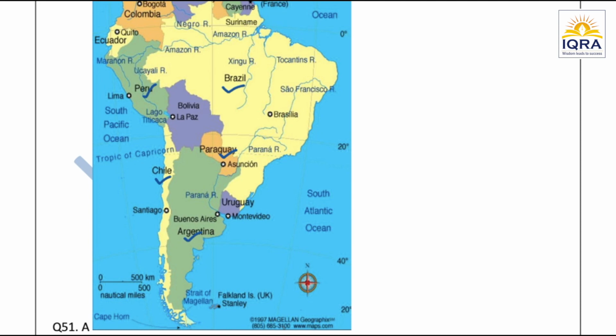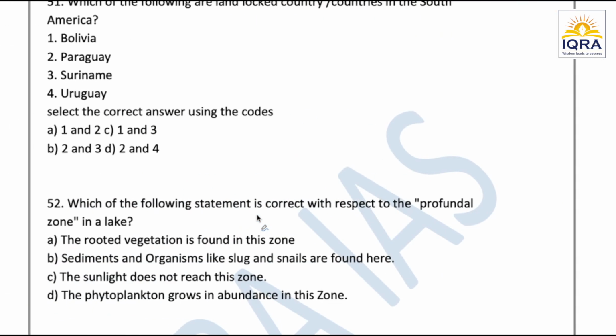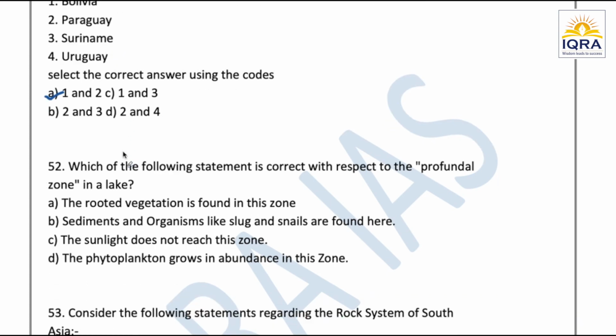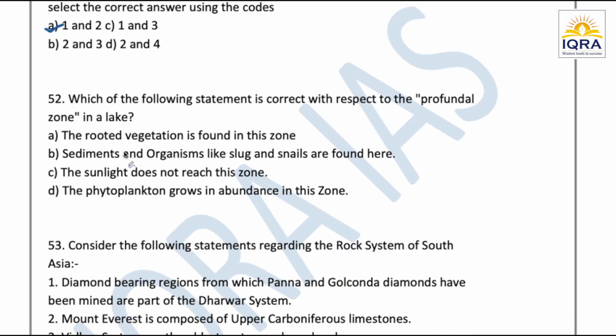The next option is Uruguay, which is present here. Again, it is bordered by the South Atlantic Ocean, so it is not a landlocked country. Hence, our option for this question becomes 1 and 2 only. So Bolivia and Paraguay are the two landlocked countries in South America, given the options.